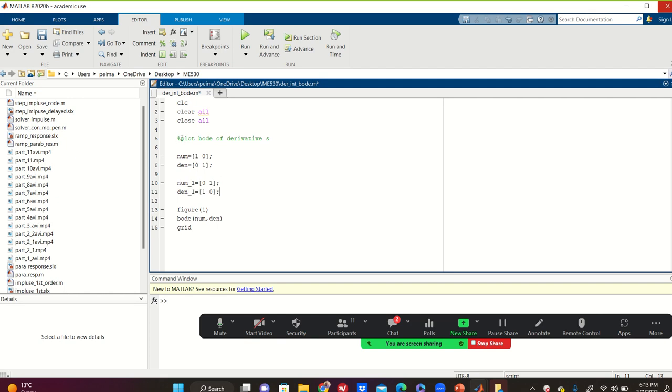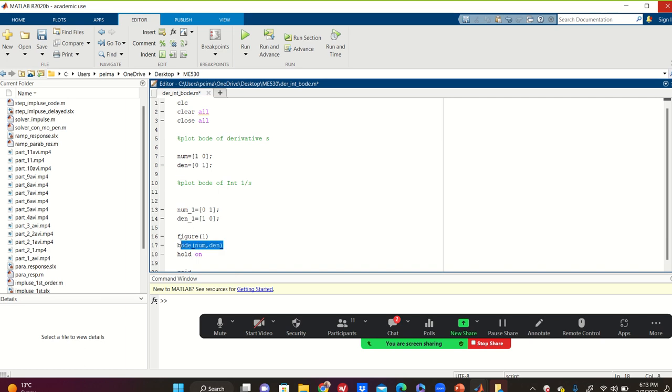Bode plot of the integrator, 1 over S. So I'm going to say hold on, because I want to compare with this.